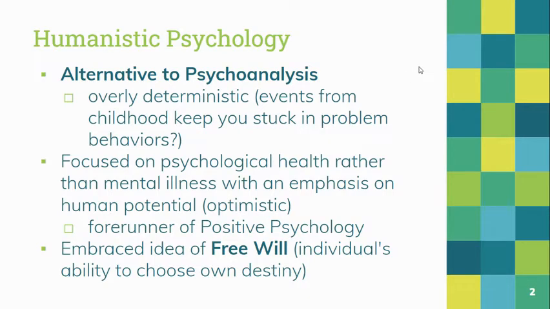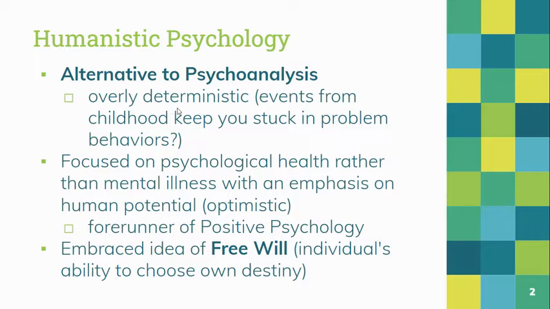Humanistic psychology is an alternative to psychoanalysis. We've been spending the first part of this unit focused on Freud and Neo-Freudians and some of these people that are really in that realm of psychoanalysis, talking about the unconscious mind. The critics of psychoanalysis say psychoanalysis is overly deterministic.